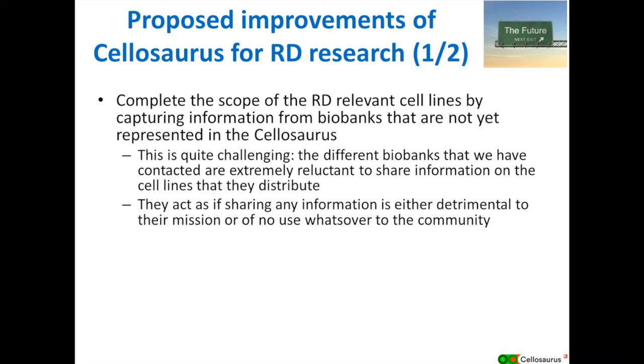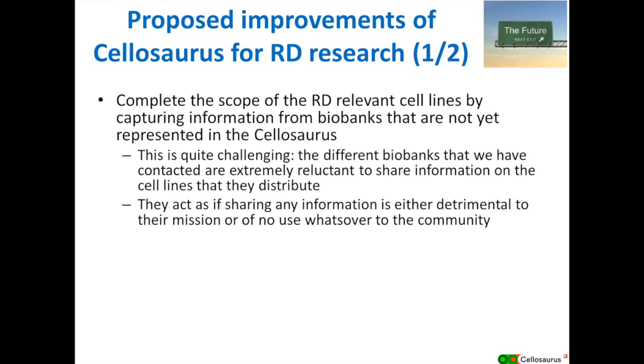And here I have a gripe against a lot of biobanks. It's quite challenging. We have asked a few biobanks to give us just a list of the cell lines with minimal information: the name of the disease or the Orphanet number, the sex of the patient, the age at sampling, and the type of cell line.